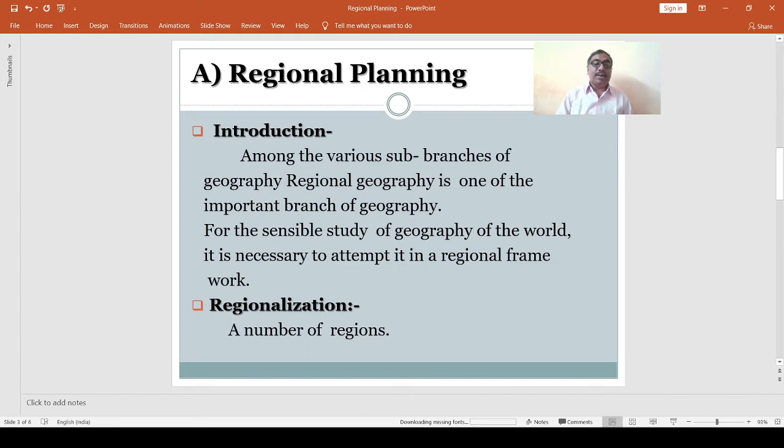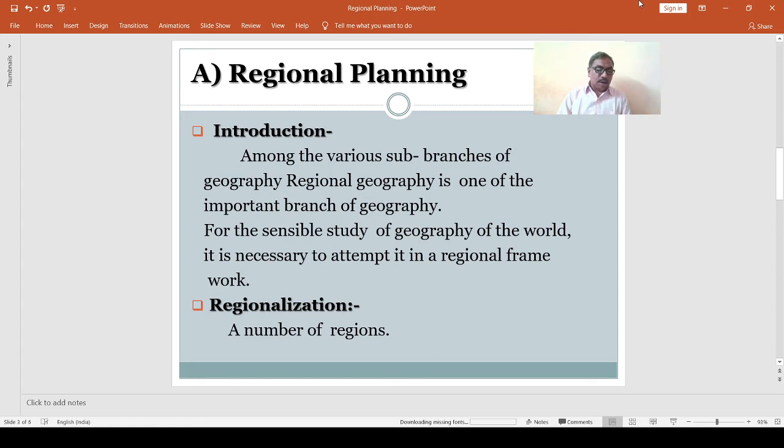About the regionalization, a region is an area on the surface of the earth of any size and shape and characterized with internal homogeneity. The natural regions are having natural criteria such as landform, temperature, rainfall, soil, winds, and so on.